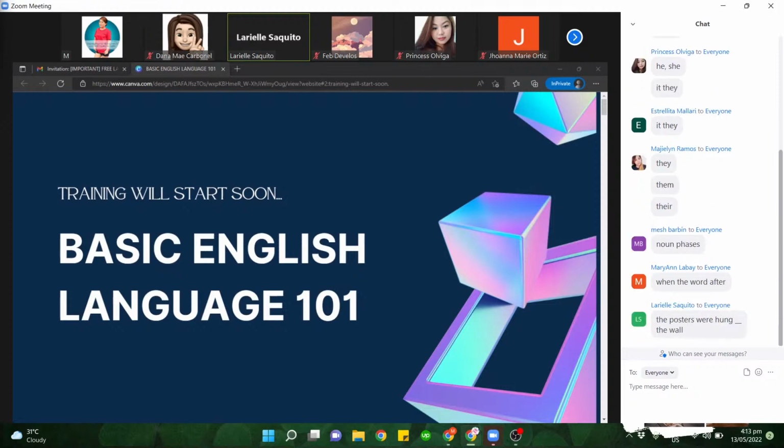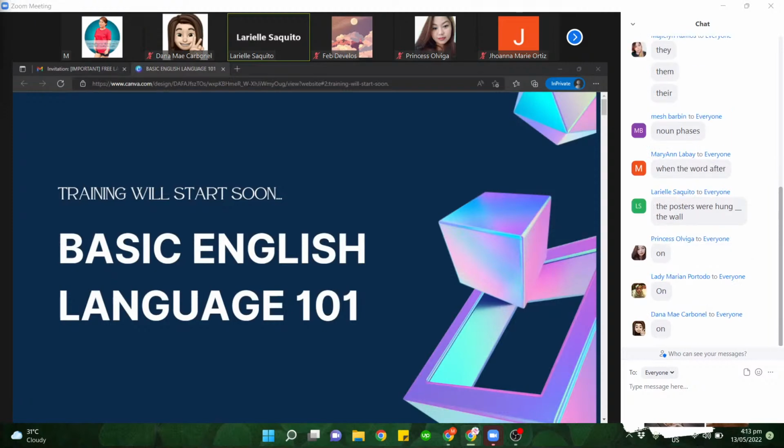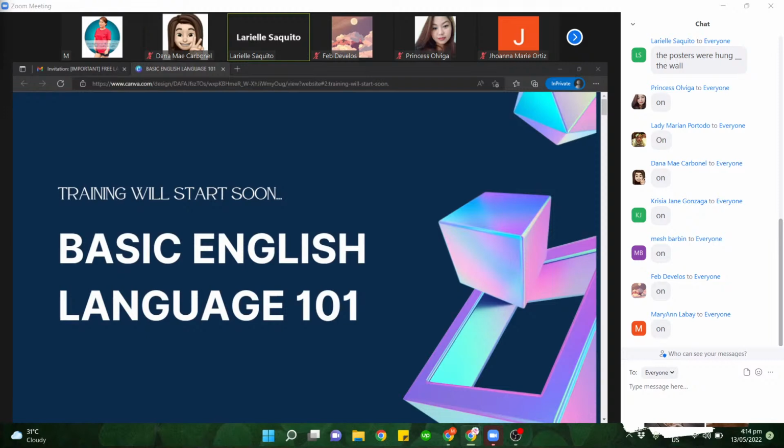Okay, for example, this is the sentence. So the posters were hang blank the wall. Are we going to use at, on, or in? The posters were hang blank the wall. At, on, or in? On. Very good. That's right. Since we are pertaining to a surface. Good job.